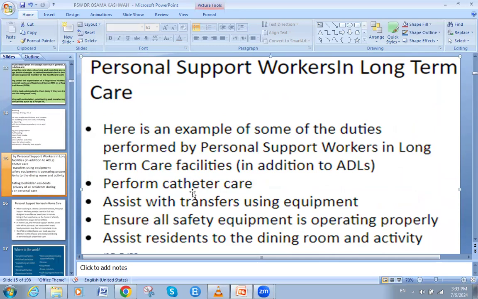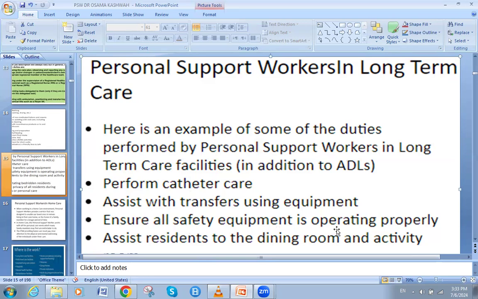The catheter, as you see, is where the urine collects. So you know how to deal with it, how to empty it, and how to measure how many cubic centimeters or liters of urine there are. Also assist with transfer using equipment, like the Hoyer, which we started with.